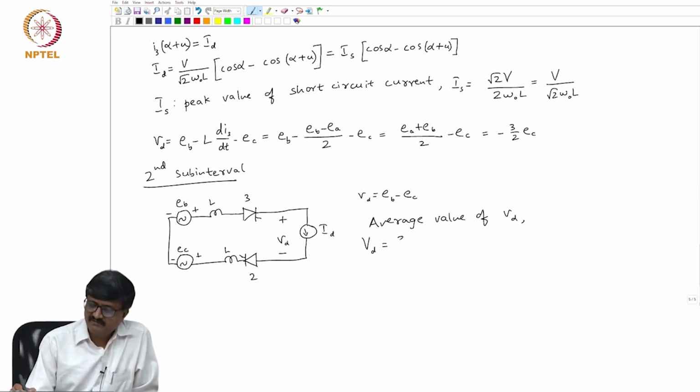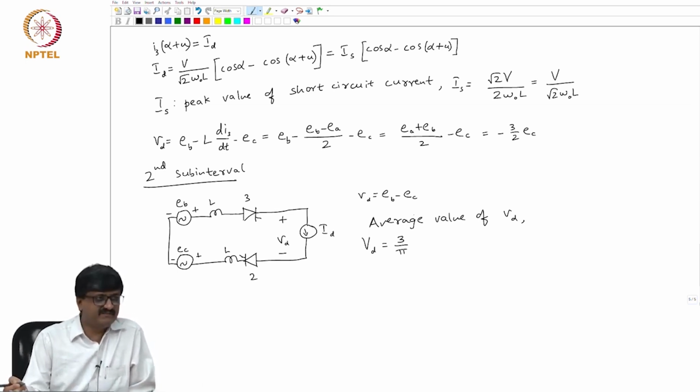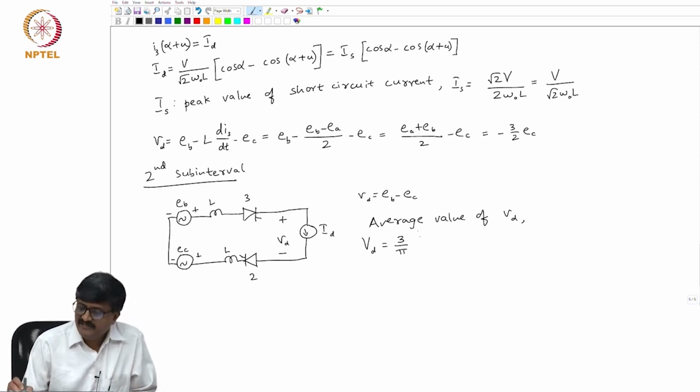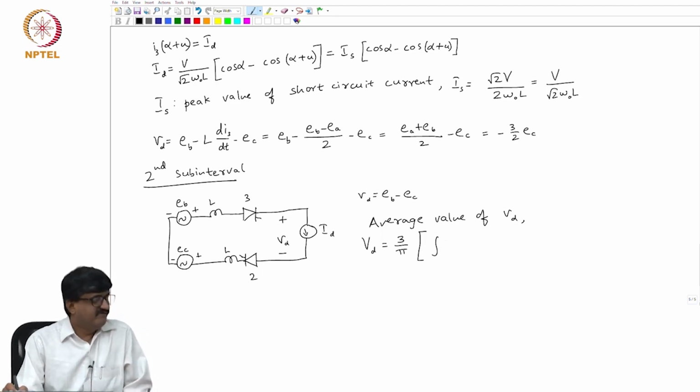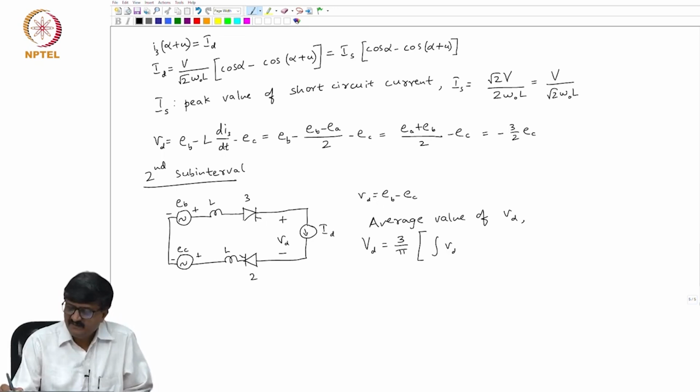So, it is 3 by pi, which is nothing but the reciprocal of pi by 3, since 60 degrees is pi by 3 radian, into the integral of Vd with respect to omega t from alpha to alpha plus u, plus the integral of Vd with respect to omega t from alpha plus u to alpha plus 60 degrees.